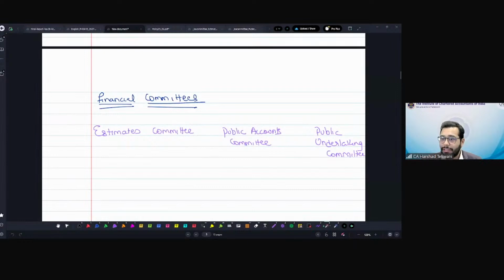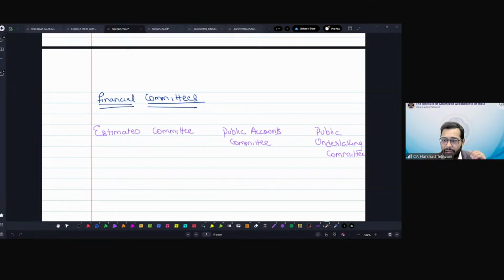And the third one is the Committee on Public Undertakings. Now, what is this committee? We have discussed two committees already. How is this different? This is specifically for the public undertakings specified in the Fourth Schedule to the Rules of Procedure and Conduct of Business of Lok Sabha.